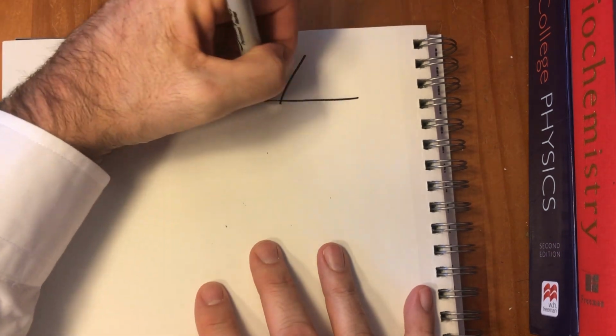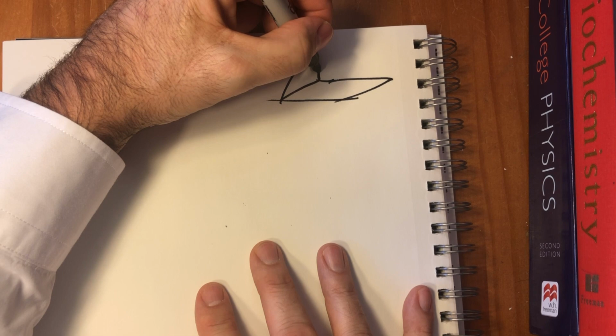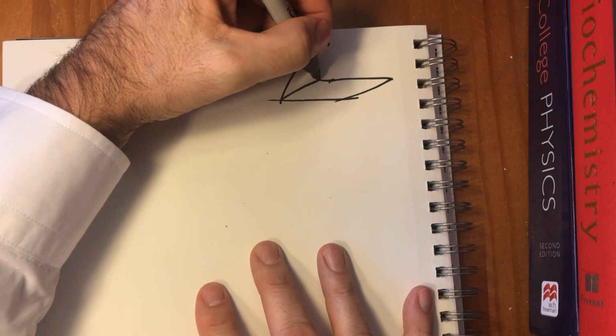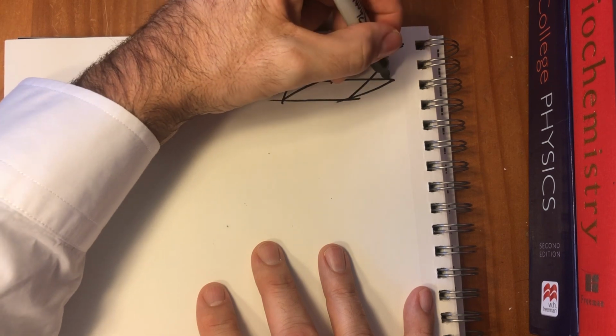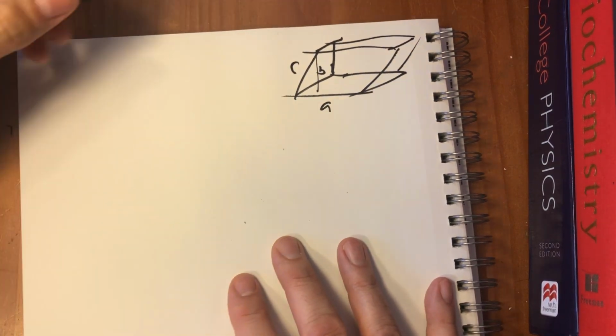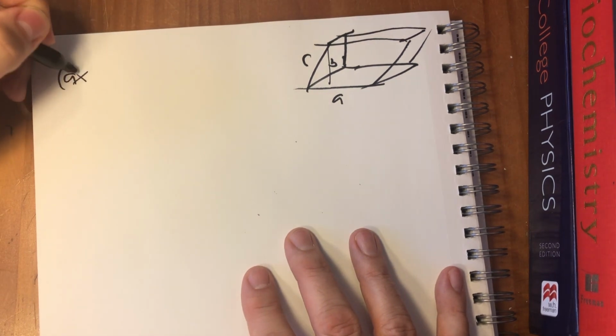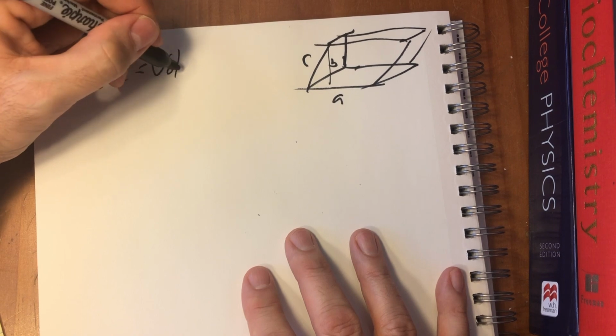So just to summarize one more time quickly, with the cross product, we're looking for the volume of the parallelepiped with edges A, B, C. And we're taking that with A cross product B dotted with C equals the volume.